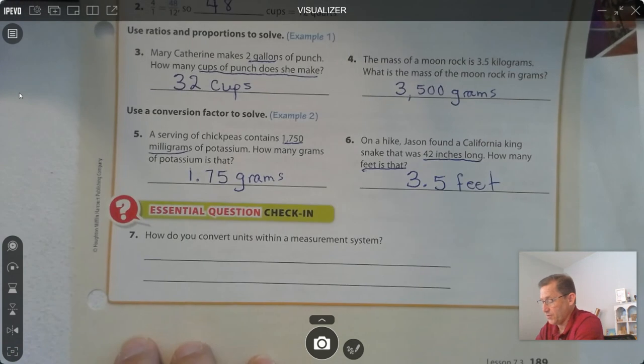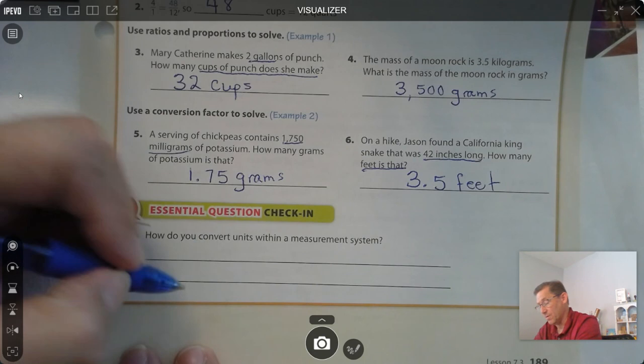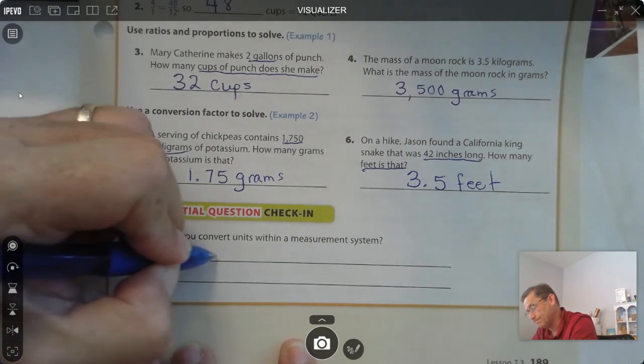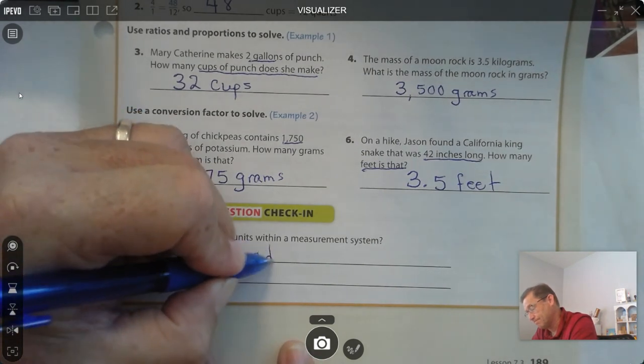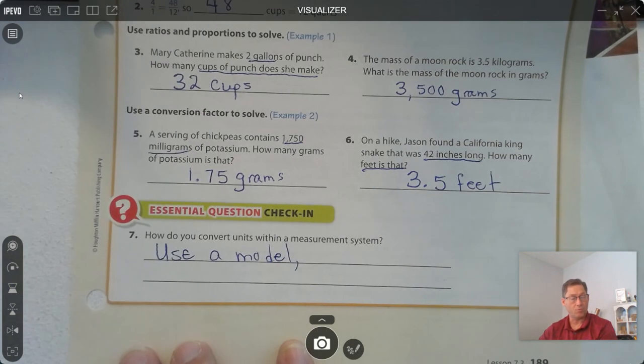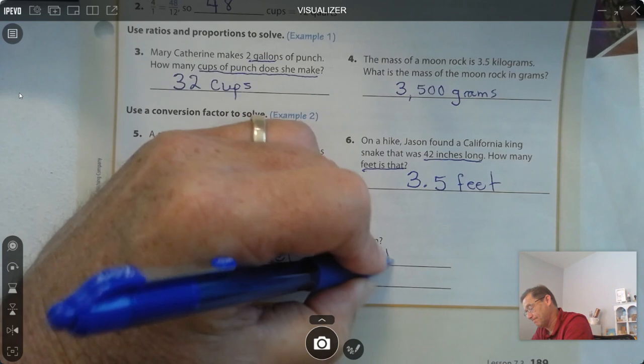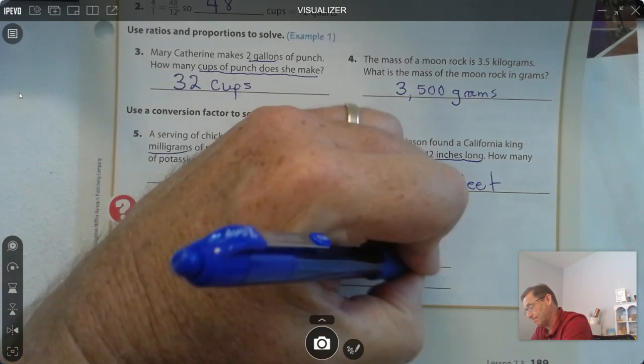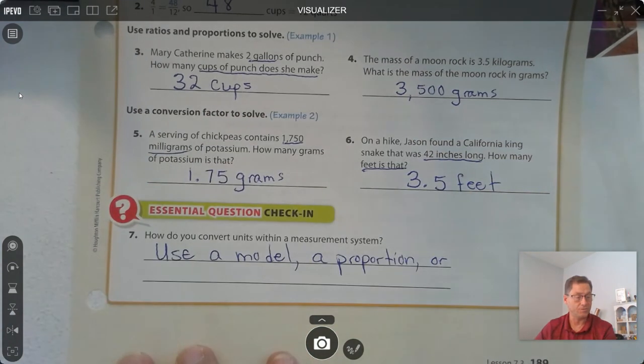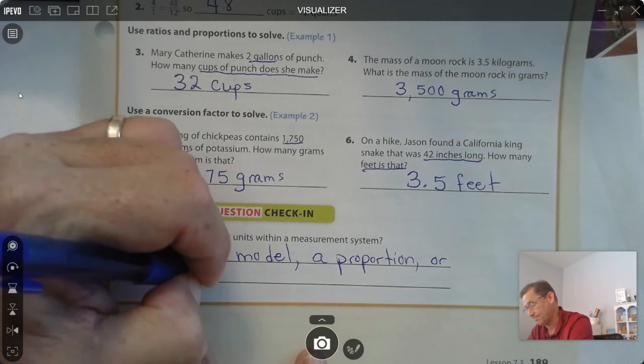How do we convert units within a measurement system? Well, what have we been doing? We can use a model. We use a proportion. Or we can use a conversion factor.